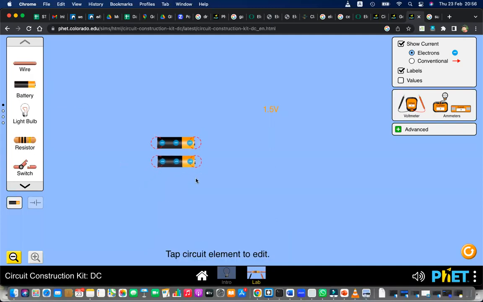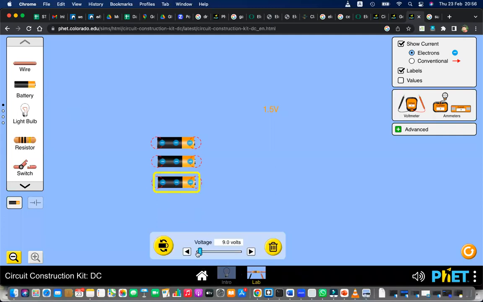Change the voltage to again 1.5. Take a new battery. Change the voltage to 1.5. And take a new battery.